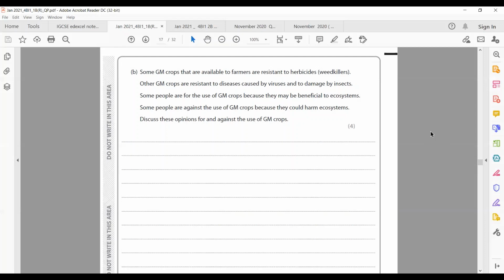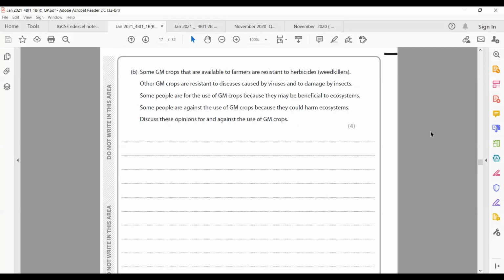Okay, it means that the weed killers, they kill the weeds only but not the GM plants أو GM crops. وده طبعا هيبقى كمان البروفيت يا سلمى. يعني هيبقى عندهم طبعا a greater yield of the crop.